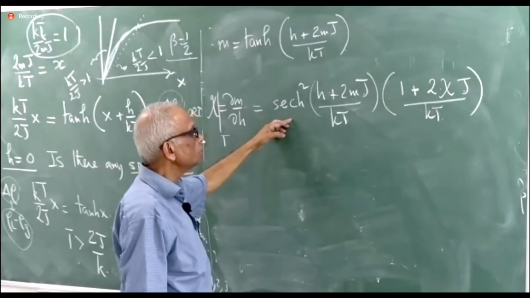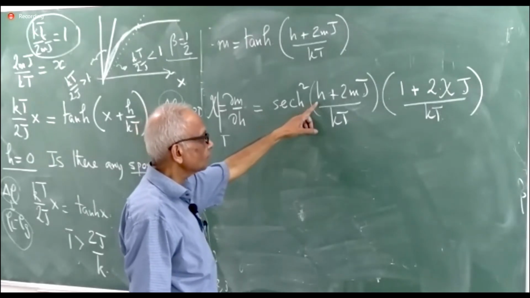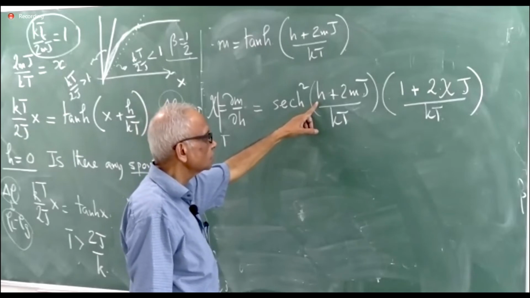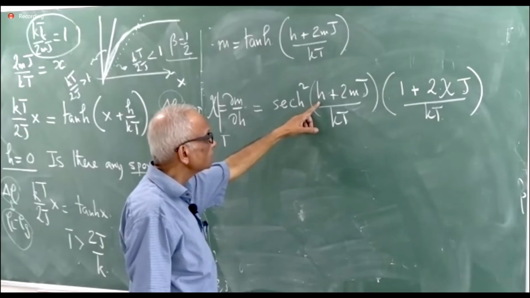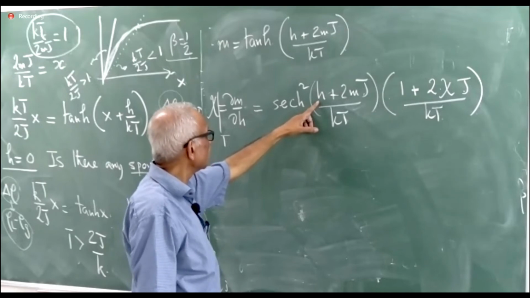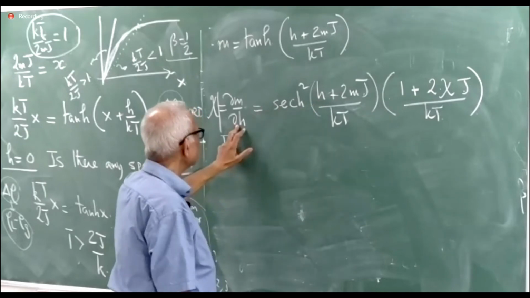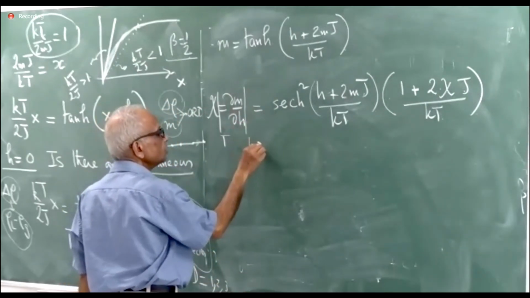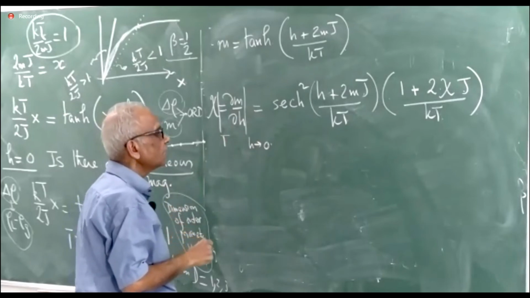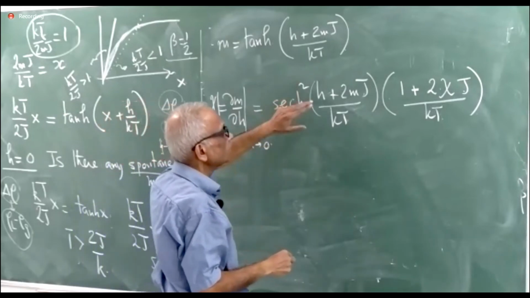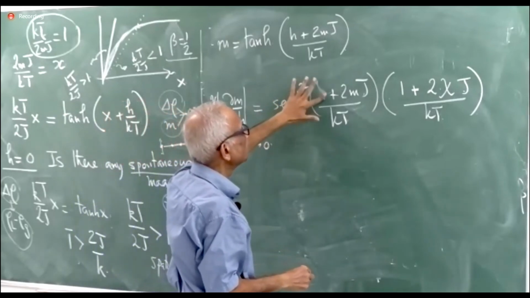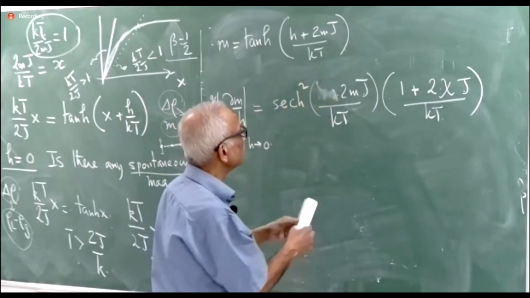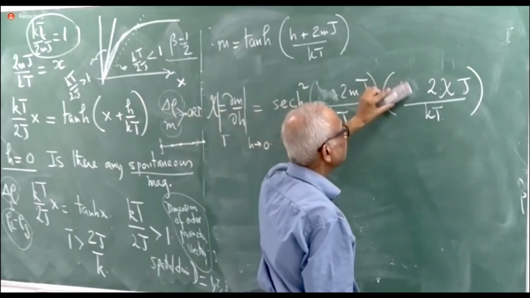I should have actually said this before, that it is the zero field susceptibility del m del h, h tending to 0. That was unnecessary trouble here. Sorry, we'll need that later, but not now.